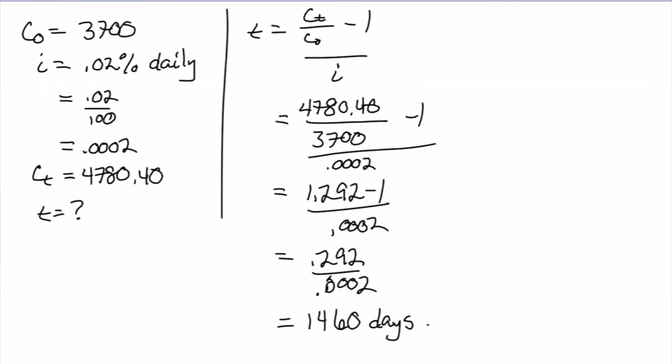After 2.5 years, the repayment of a debt will be $11,770.75 at a weekly simple interest rate of 0.15%. How much money was borrowed initially? Okay, so we know we're looking for the initial value as our unknown. That's what we're trying to find. The term we said is 2.5 years.